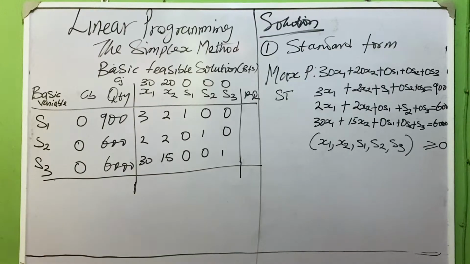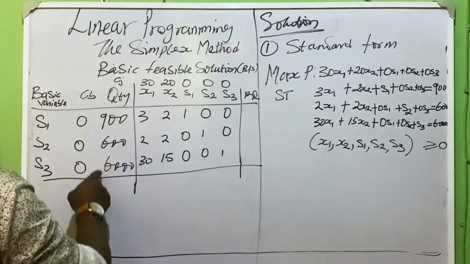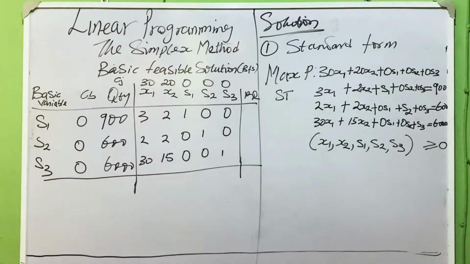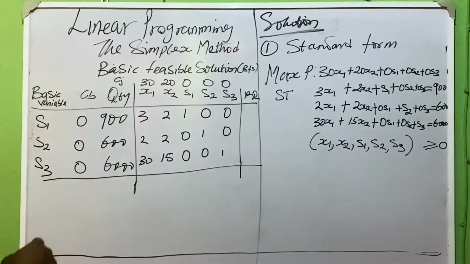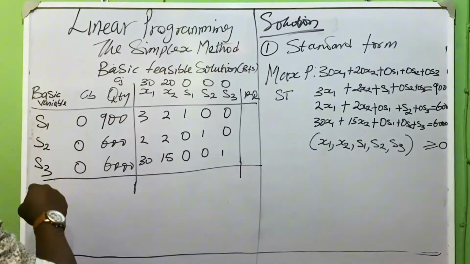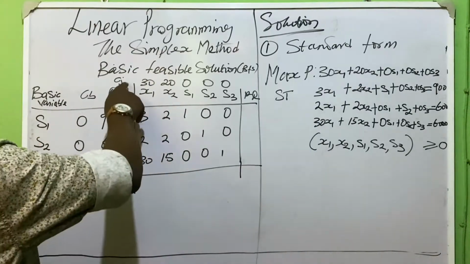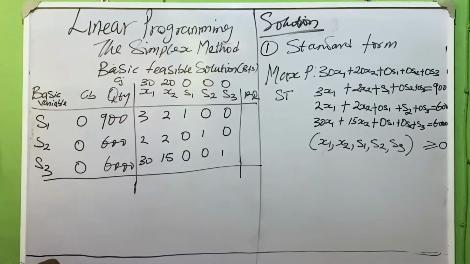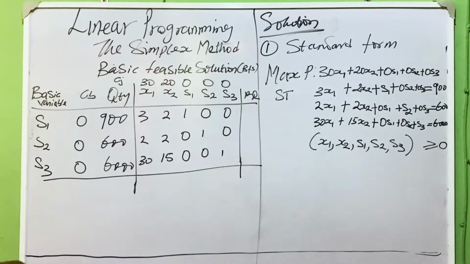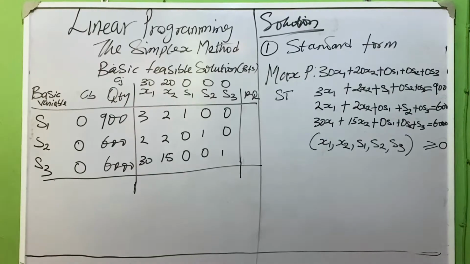We first compute our ZJ column, which is more like a gross profit column, with which we will then compute our CJ minus ZJ column, which is our net evaluation row, where we determine whether we have attained optimality or not. So how do we compute our ZJ column?